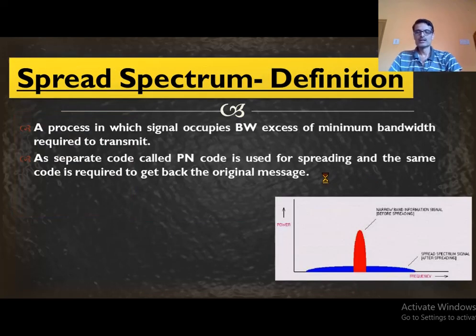Now, the Spread Spectrum definition says, this is a process in which a signal occupies a bandwidth which is much larger than the bandwidth usually required for transmitting a modulated signal. Usually, when a message signal is converted into a modulated signal and transmitted over the channel, we expect the bandwidth occupied by the signal to be very small.